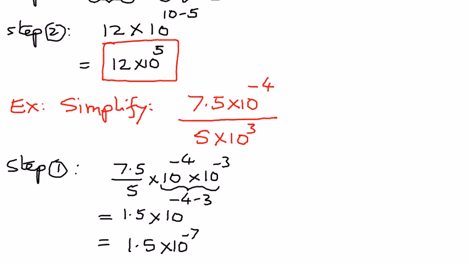So when we divide two numbers which are expressed in scientific notation format, we can simplify them using the rules of exponents and then be able to express it in this form, which is also in a scientific notation format. So this is where we want to leave it. This is our answer.